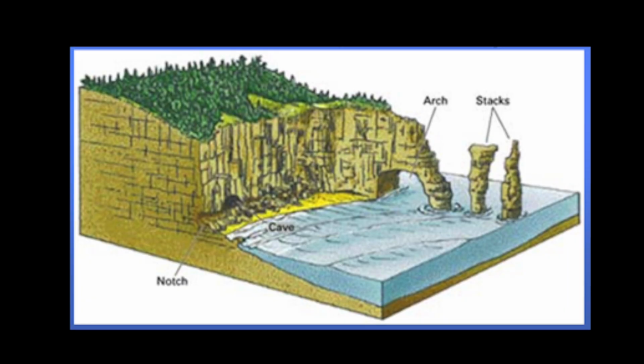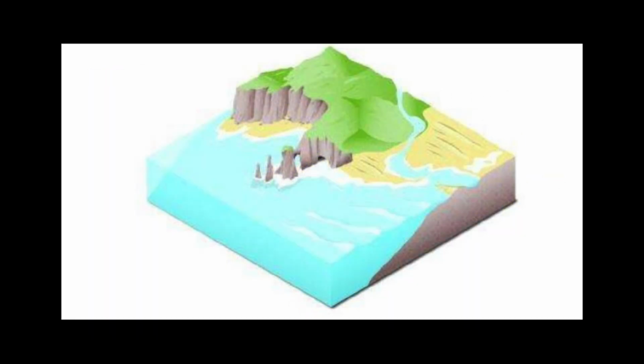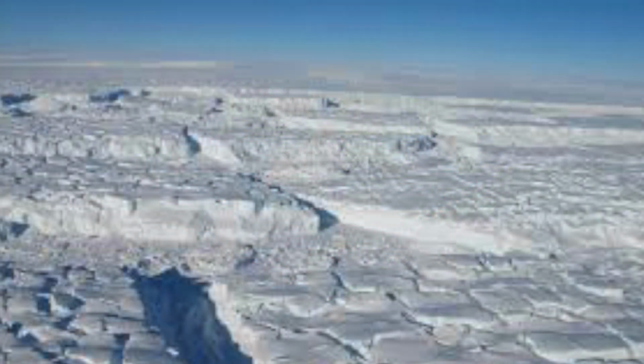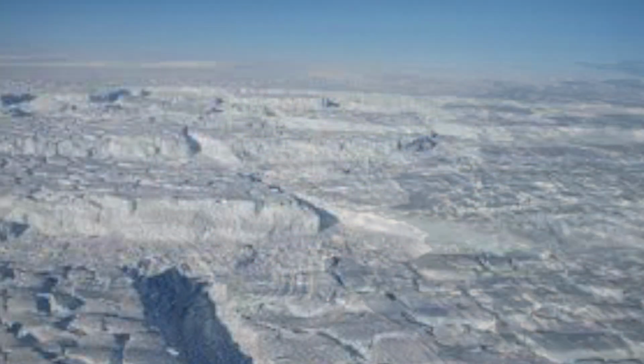Now let us see what exactly is the shoreline of emergence. When the coast rises in comparison with the sea level, or when the sea level falls as compared to the coast, shorelines of emergence are produced. It is mainly due to the formation of continental ice sheets.